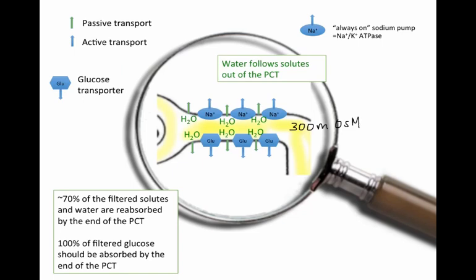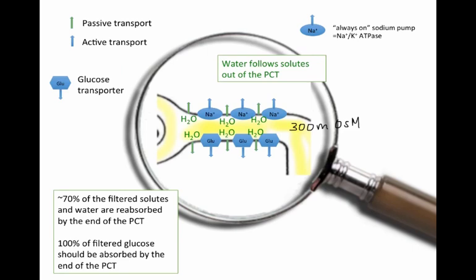But we've managed to absorb a great deal of fluid and salts and glucose. This proximal tubule is the only place on the nephron where we have glucose transporters.